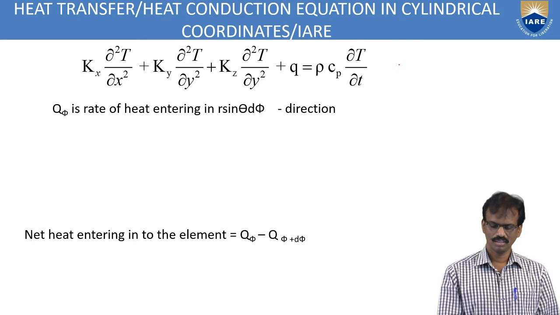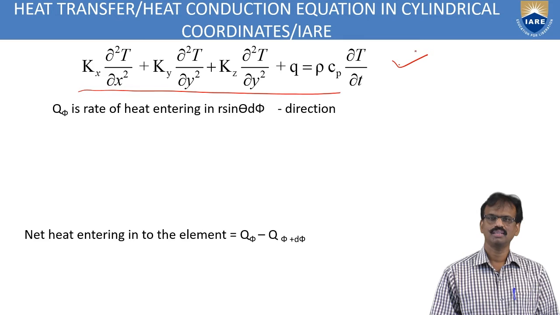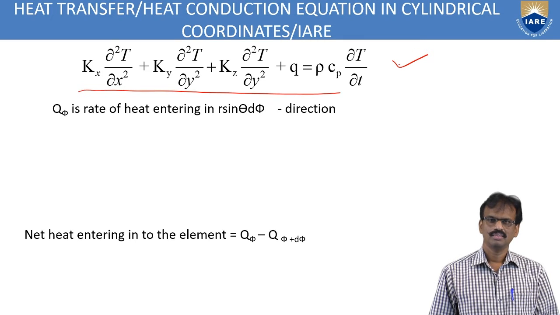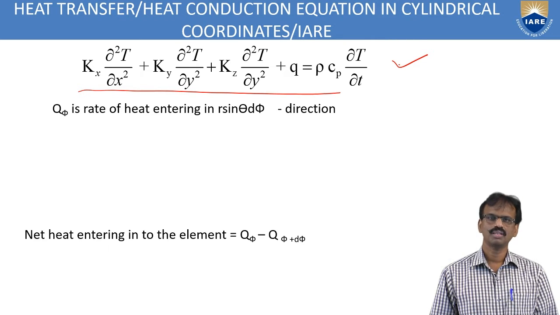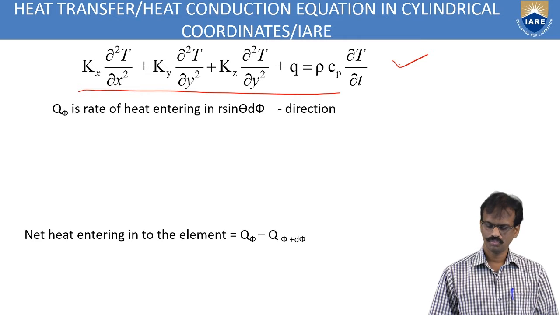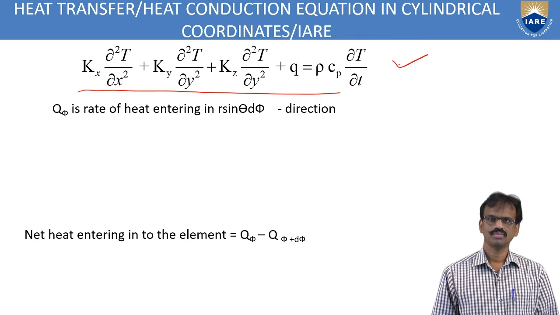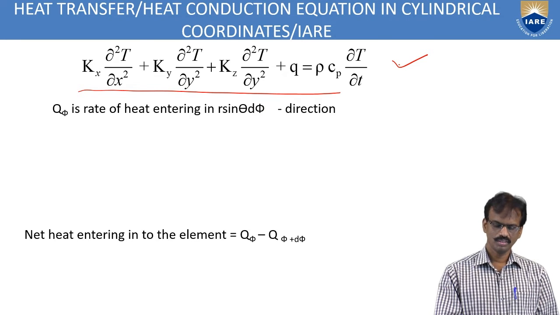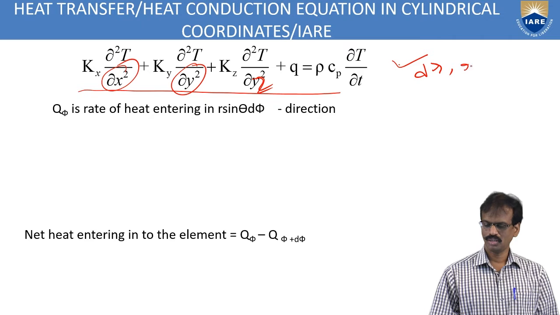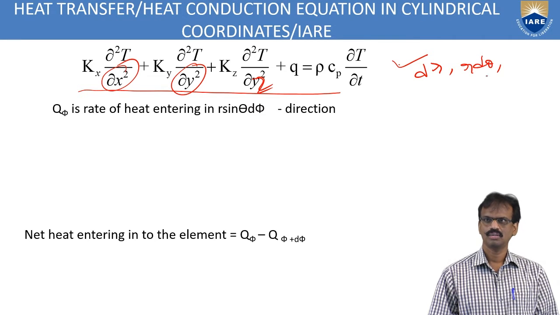We know this equation, which was derived in the Cartesian coordinate system: kx del squared T by del x squared plus ky del squared T by del y squared, with respect to dx, dy, dz. Here we will see it with respect to dr, r d theta, and r sin theta d phi.